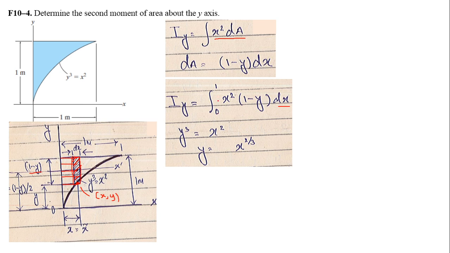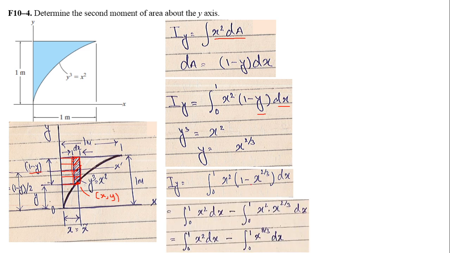Okay, so we have to integrate with respect to x, so we have to eliminate this y, and from the given function we can write that y cube is equal to x square, so y must be equal to x raised to the power 2 upon 3, and we substitute this value of y in this equation. So we have integral of x square times 1 minus x raised to the power 2 upon 3 dx, and the limit is 0 to 1.